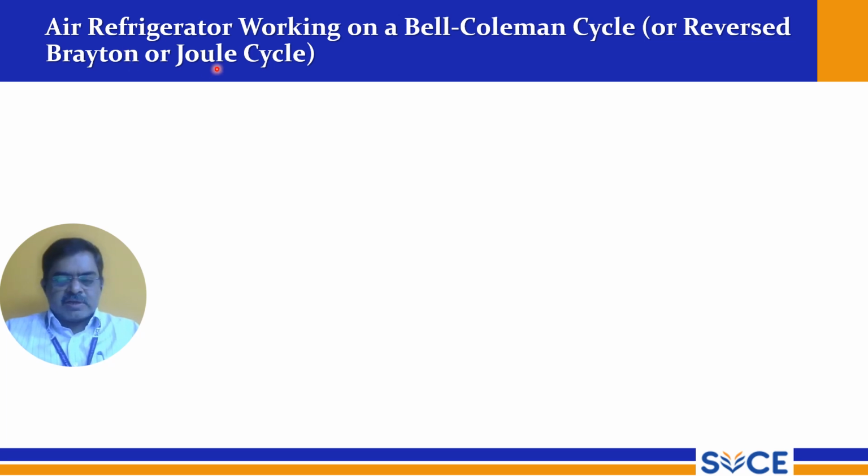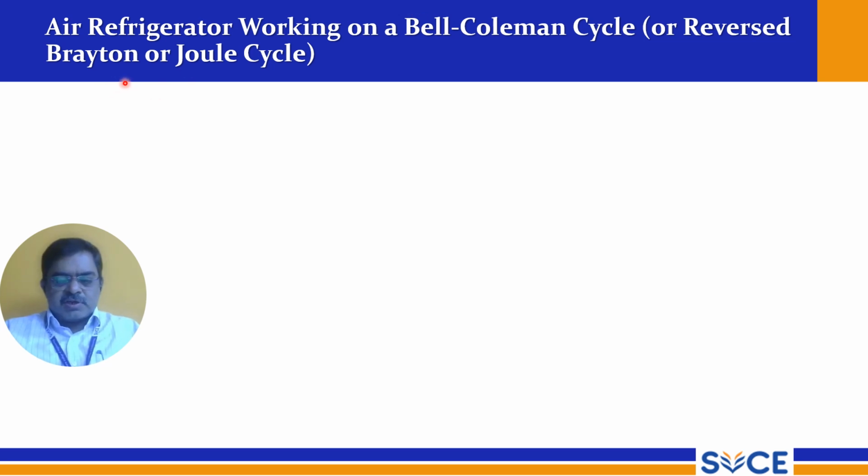Students, you should not get confused with the different names that we are going to see, and remember these names. Whatever name appears in the exam question paper, you should be clear with that. When you get reversed Brayton cycle, you should answer only Bell-Coleman cycle. Joule cycle is also another name.